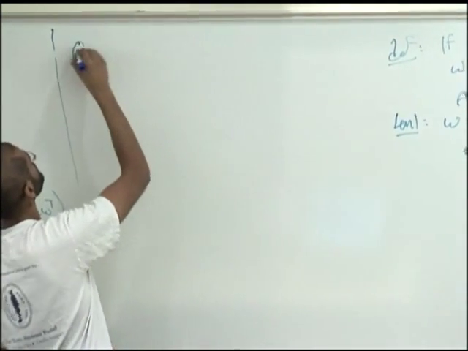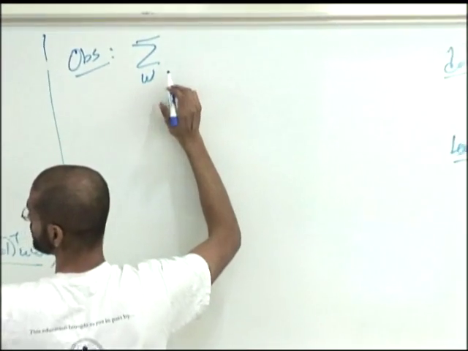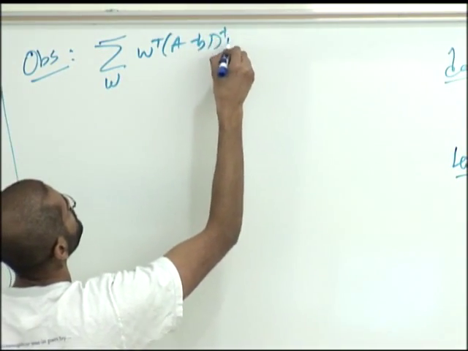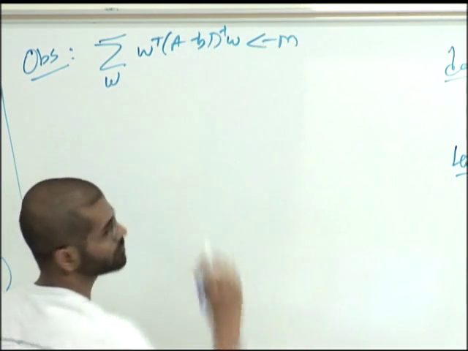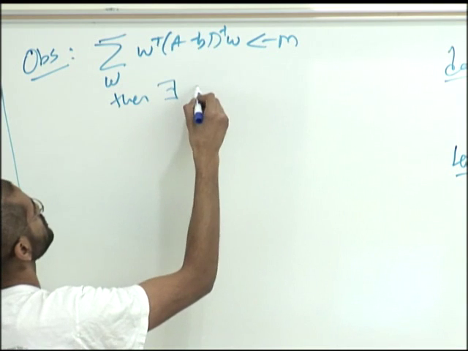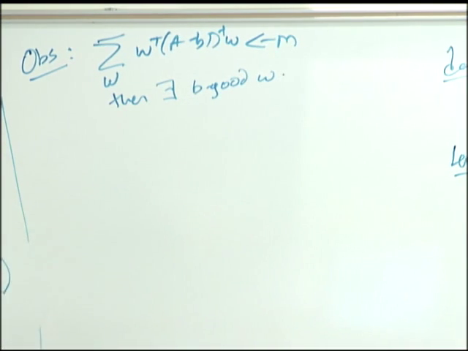So the observation is that if the sum over all w, where w are columns of L, of w transpose (A minus bI) inverse w is less than minus m, where m is the number of columns, then there exists some b-good w, just by averaging. One of these has to be less than negative 1.